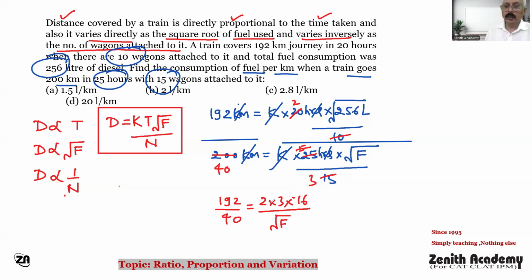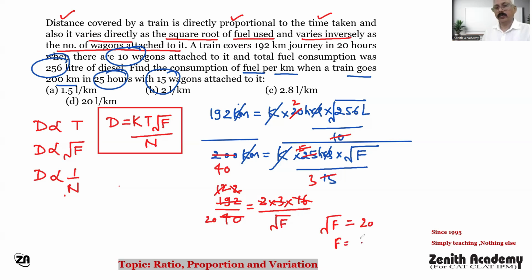So now 16 1 is 16 and 16 2 is 32, and this is 3 2 is 6, so it is 2 and 2, and this is 20. So root F, square root F is 20.